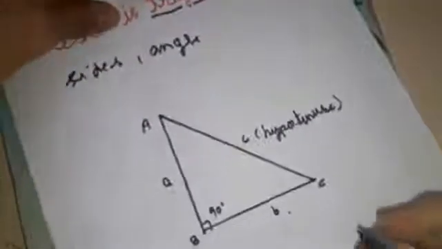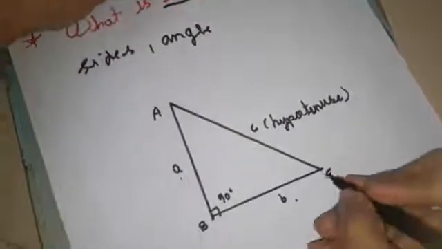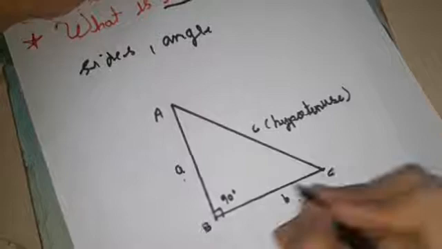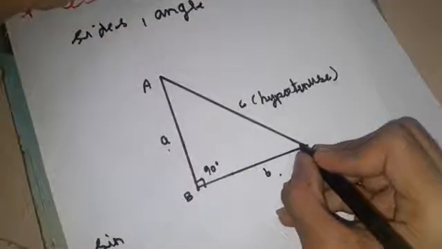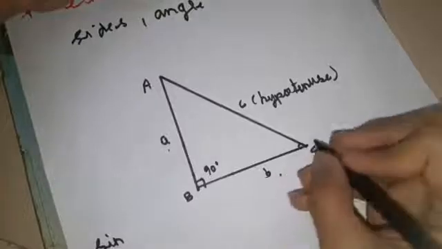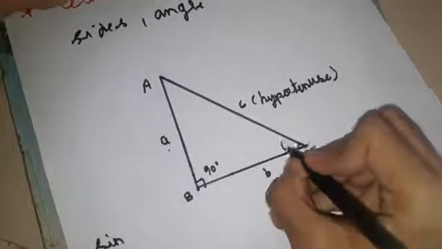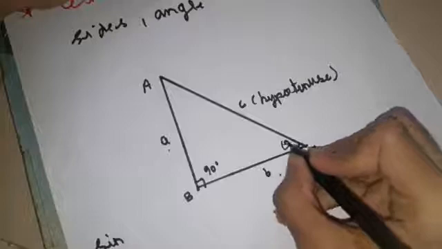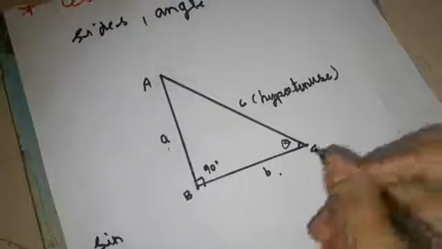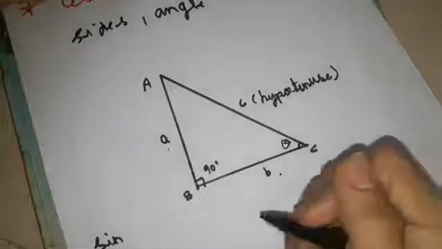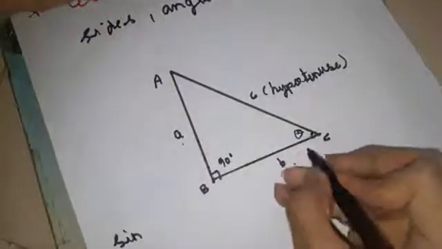Suppose one angle is given, for example angle C, which is equal to theta. It is commonly called theta, so I have taken theta. This angle is given.